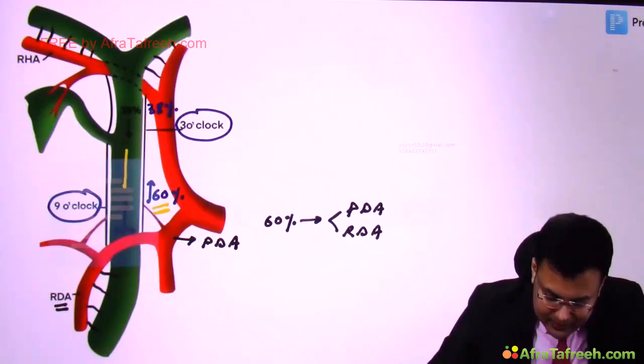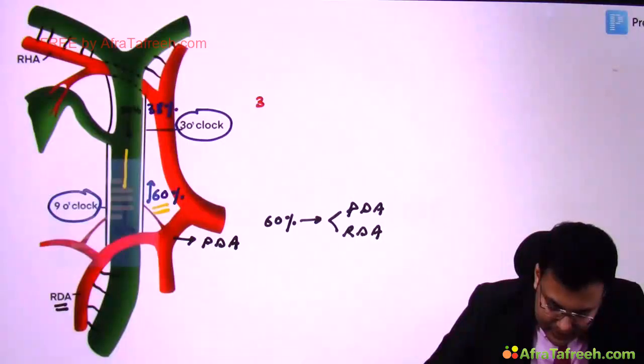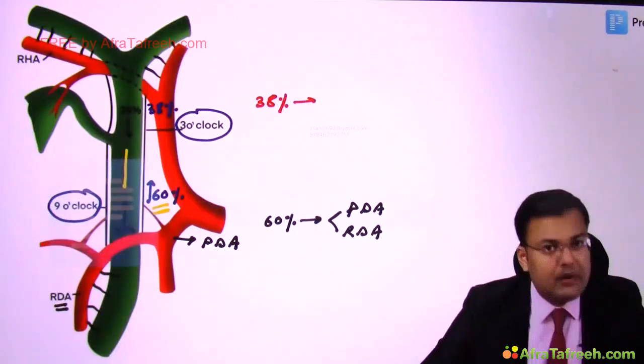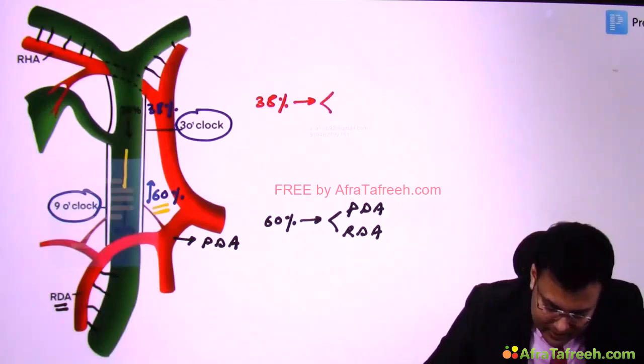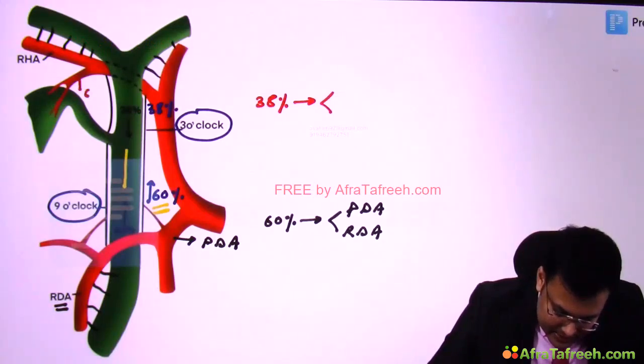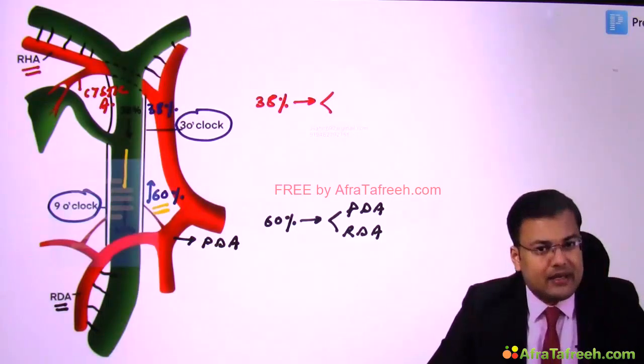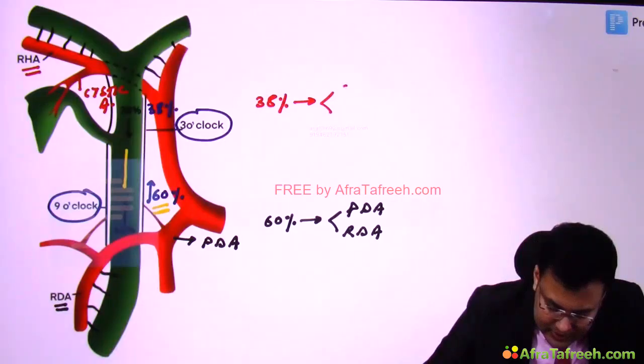And from above, 38% blood supply is by cystic artery and right hepatic artery.